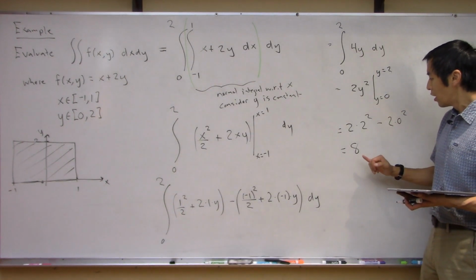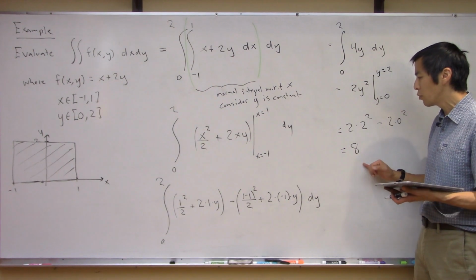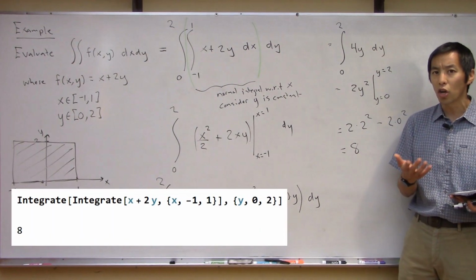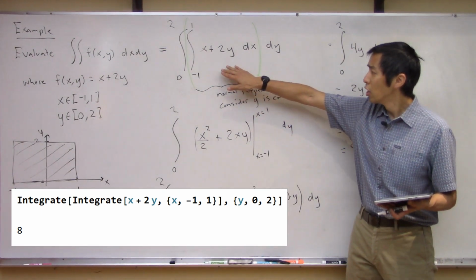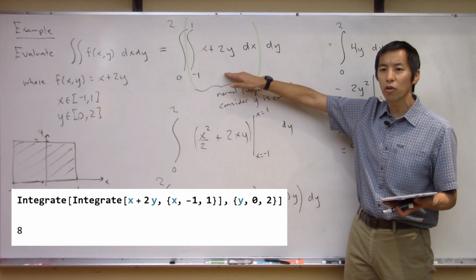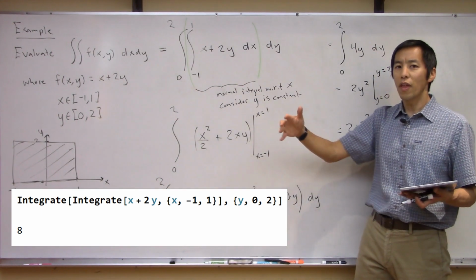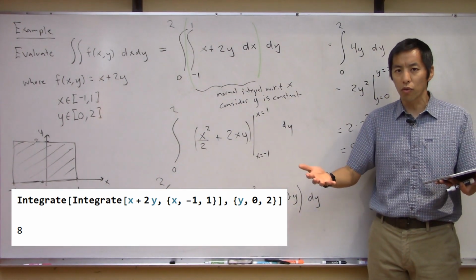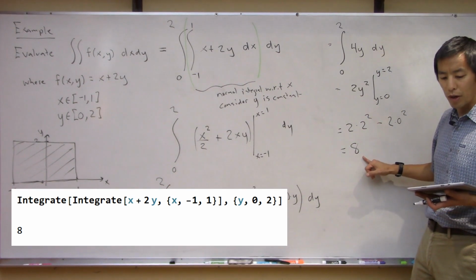To prove this to you, I'll show you a screenshot of me doing this in Mathematica, and you can see the code is very similar to what we were just talking about. You perform a single integration with respect to x first, treating y as constant, and then do another integral with respect to y, and you end up with your number.